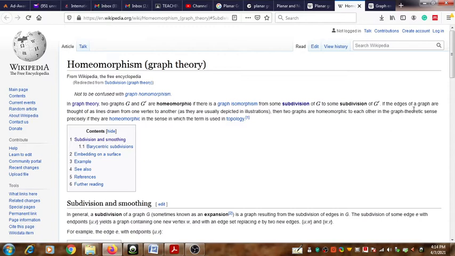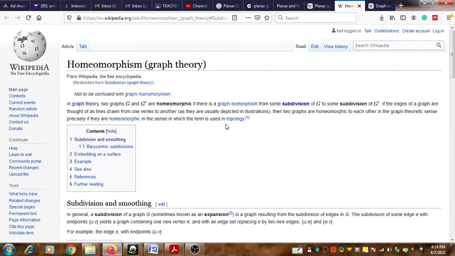If the edges of the graph are thought of as lines drawn from one vertex to another, as they are usually depicted in illustrations, then two graphs are homeomorphic to each other in the graph theoretic sense precisely if they are homeomorphic in the sense in which the term is used in topology.